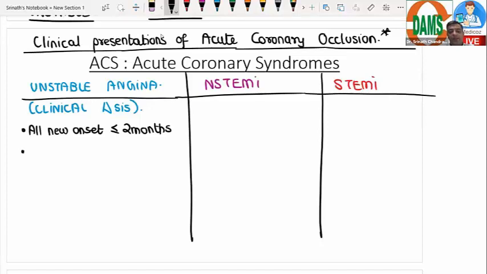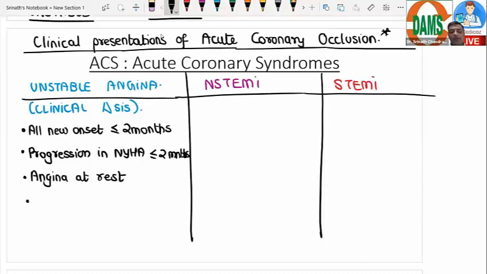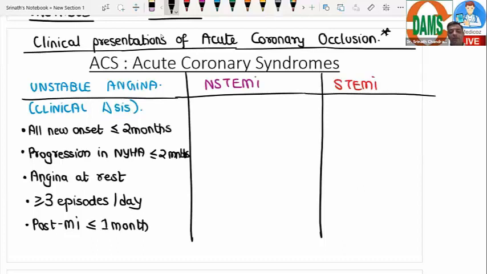If the patient is having progression in the NYHA class of symptoms within the last 2 months, or angina at rest, or 3 or more episodes per day, or angina post MI within 1 month, you will call this unstable angina.